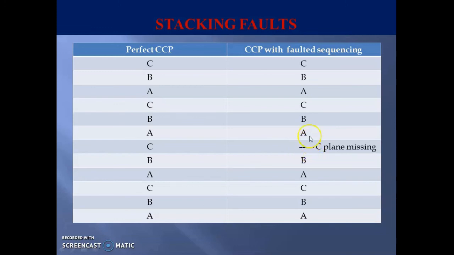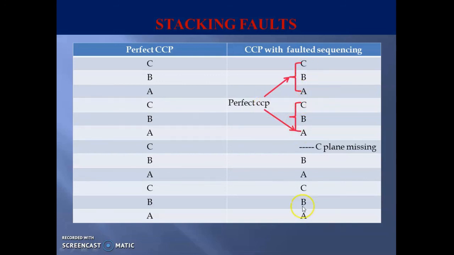Now let us have a closer look into this sequencing. As you can see here, the part above the missing plane, that is this part ABC and this one ABC, they follow perfect CCP arrangement with ABC, ABC packing.